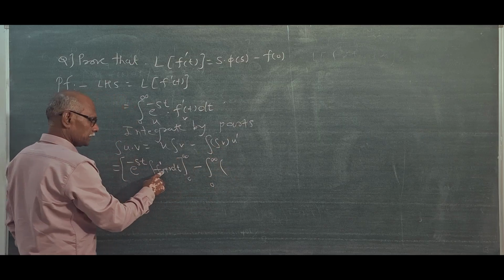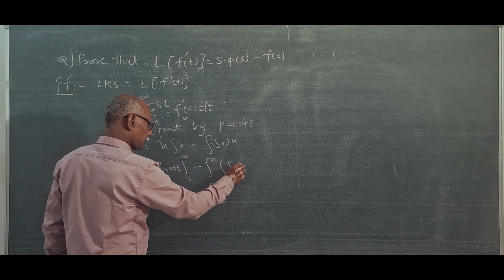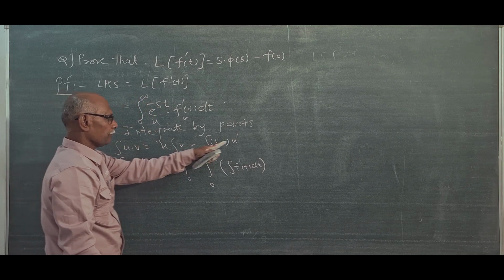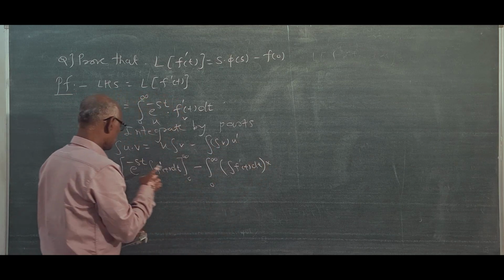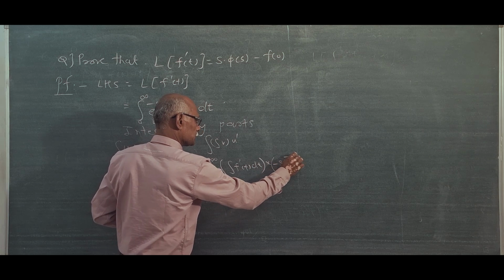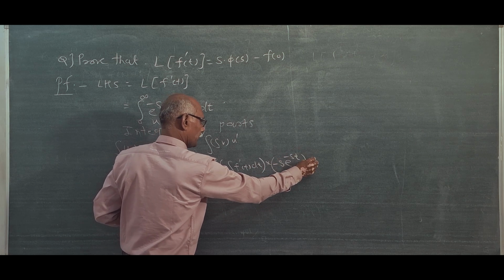Inside the bracket, the integration of f dash of t into dt remains, and then u dash, the derivative of e raised to minus st, which is minus s e raised to minus st into dt.